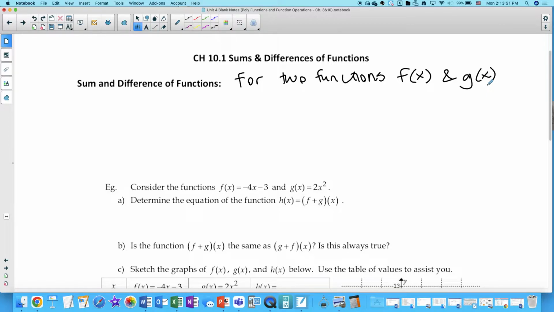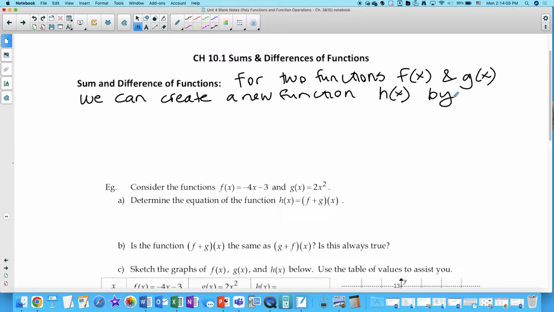So we can create a new function, h of x, by either adding. Okay, so h of x could be defined as f of x plus g of x.